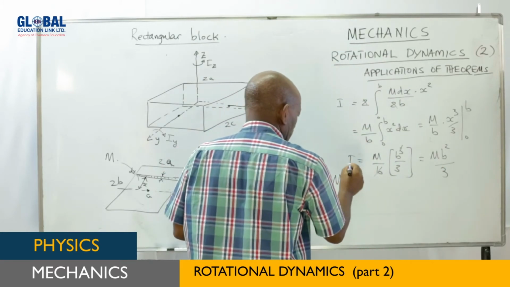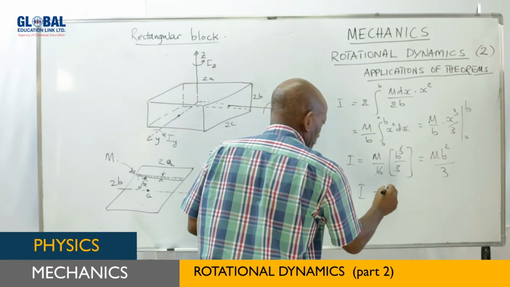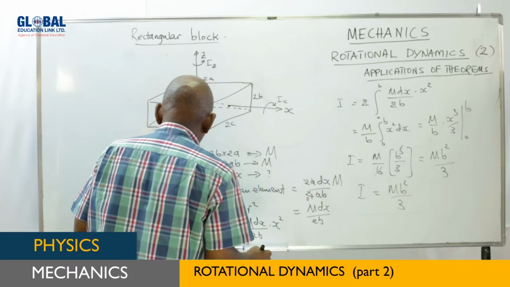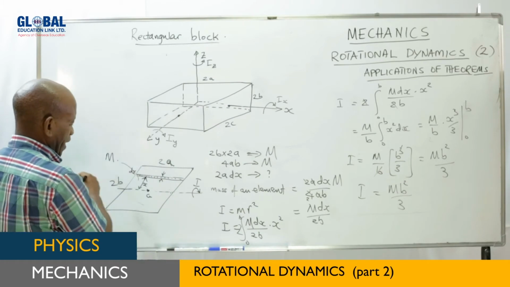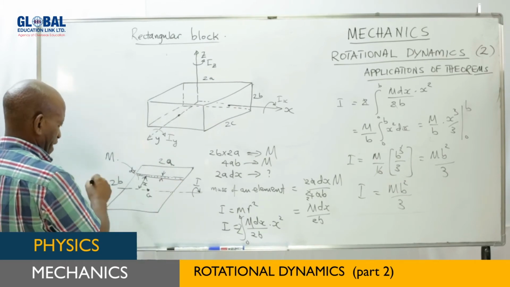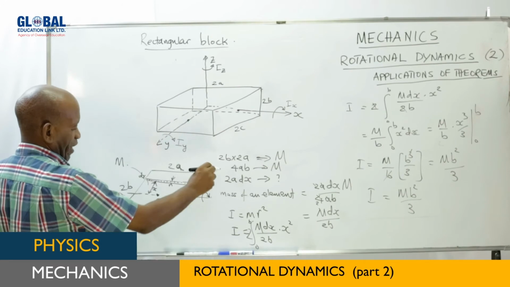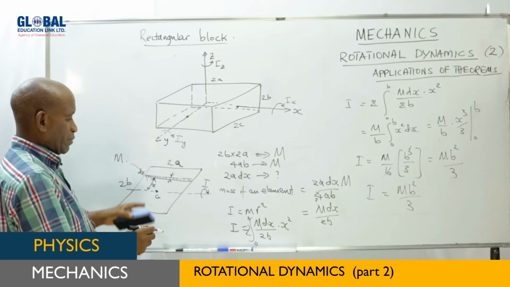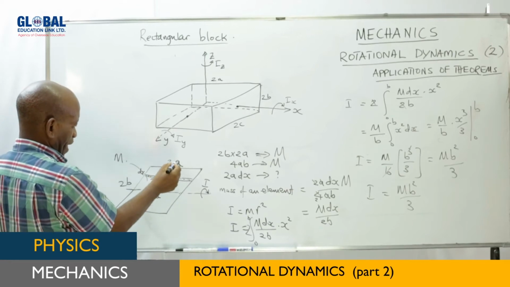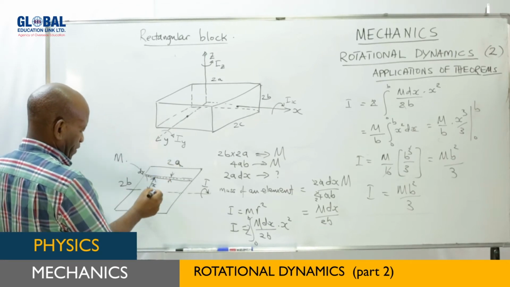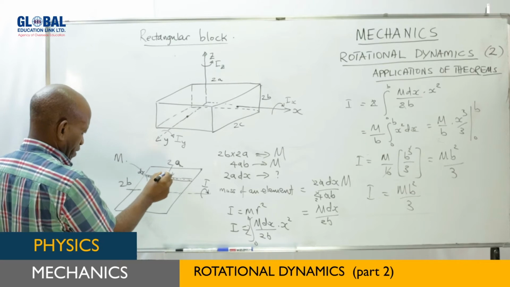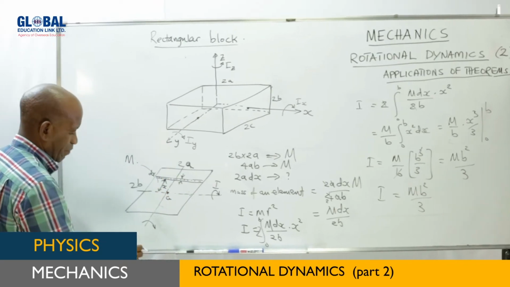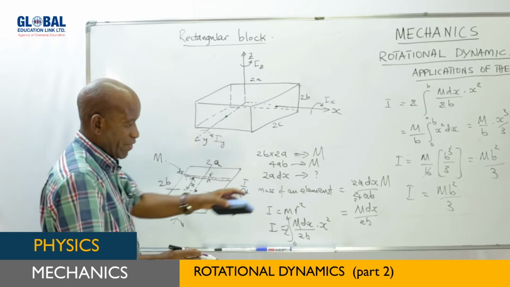So the moment of inertia I for a body rotated about an axis passing through its center along a plane, with side 2A, is given by that much. It means that whenever I take another axis of rotation passing through the same center of gravity, rotated this way, that moment of inertia will have the same expression.